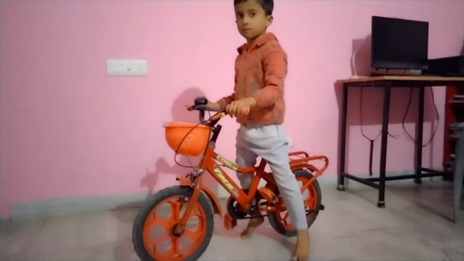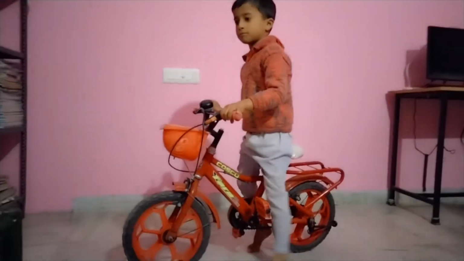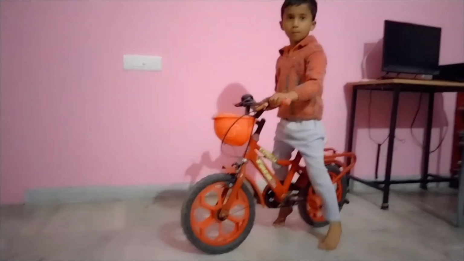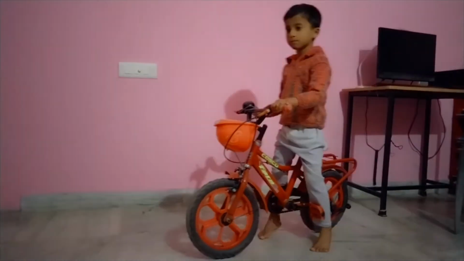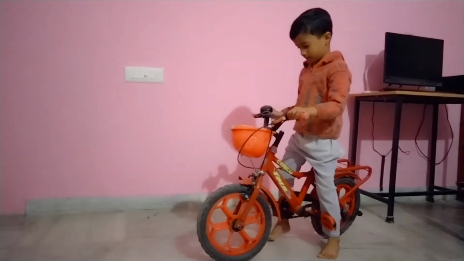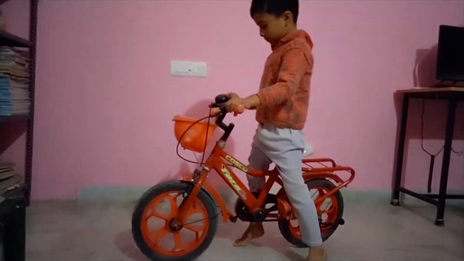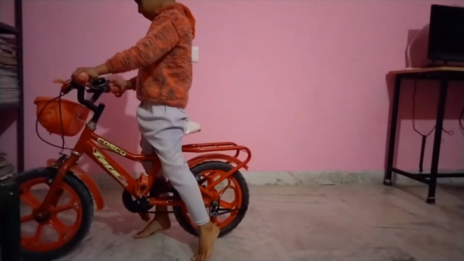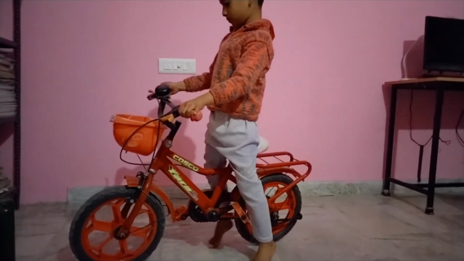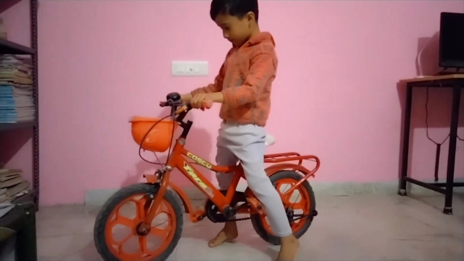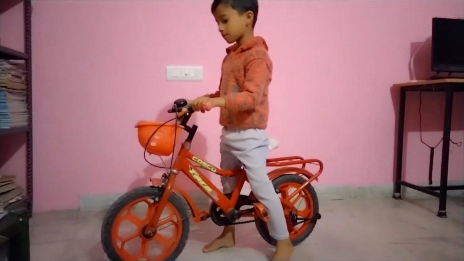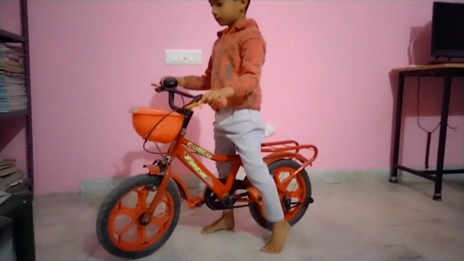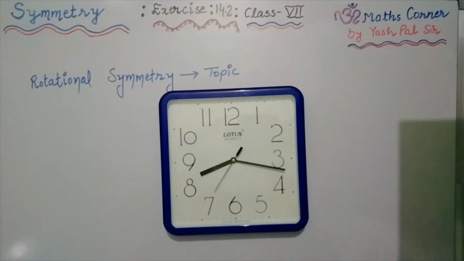Now what do you say about the wheels when they spin? Are they rotating clockwise or anti-clockwise? We see that the wheels of this bicycle can rotate in either way, clockwise as well as anti-clockwise.